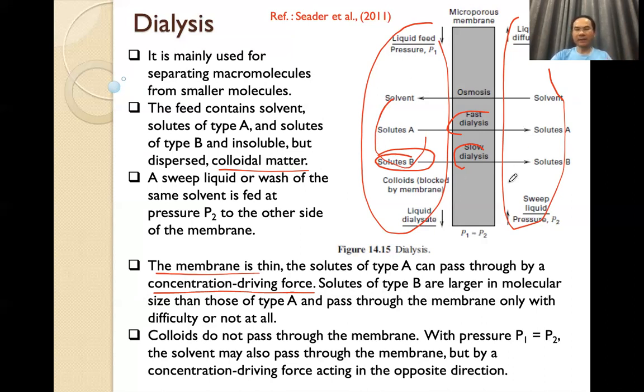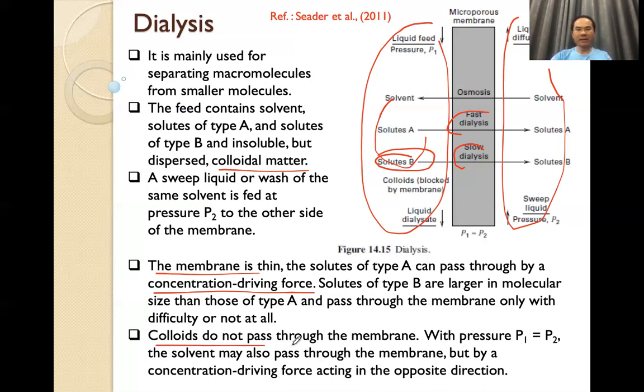From this figure, we can see that only solute A can pass through the membrane with a faster diffusion. Solute B also passes, but with a slower diffusion. So we can separate solute A and solute B in this case. We also have pressures P1 and P2 acting on the liquid.